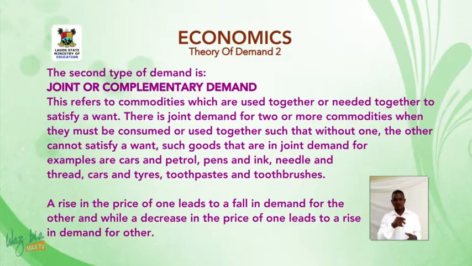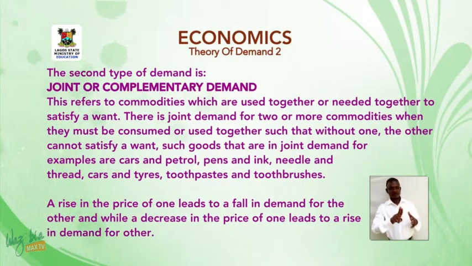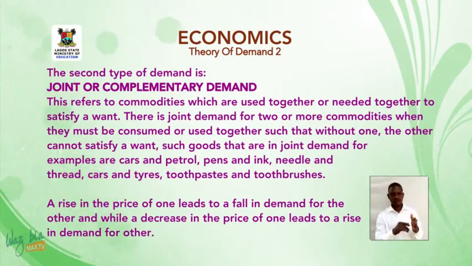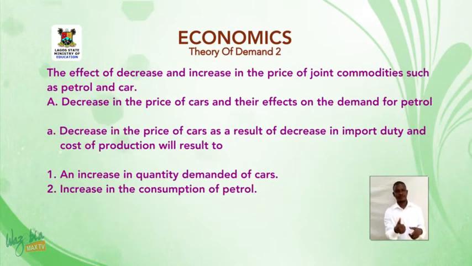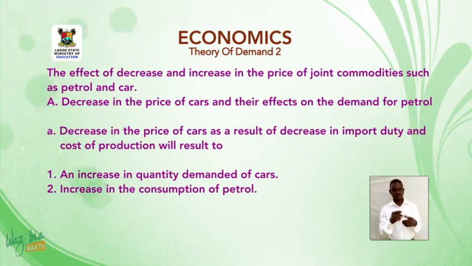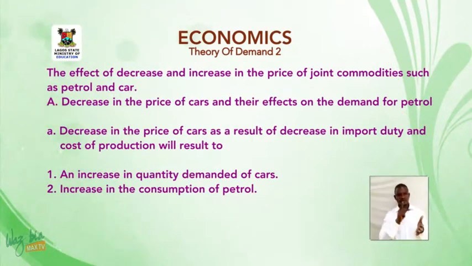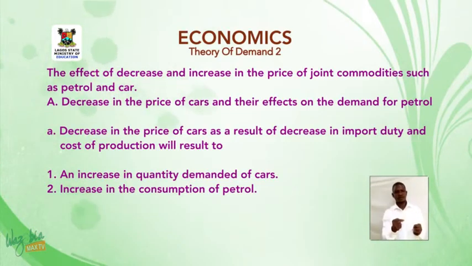A rise in the price of one leads to a fall in demand for the other, while a decrease in the price of one leads to a rise in demand for the other. The effects of decrease and increase in the price of joint commodities such as petrol and car.